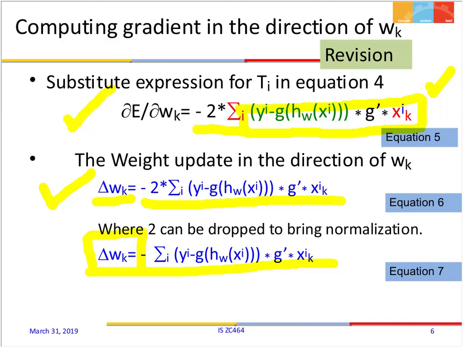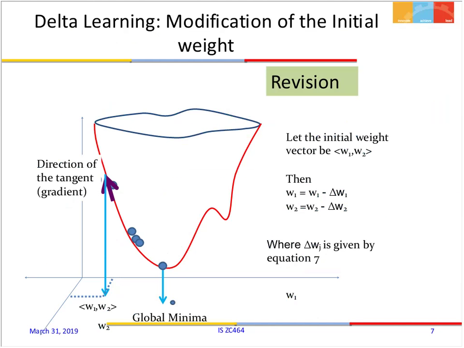You understand that this is a kind of guiding heuristic which is taken greedily to change the old value of W. The change in the old value of W is obtained by this delta Wk, right? So for each dimension k, we will be obtaining such changes, and then the new weight coordinates will be obtained.